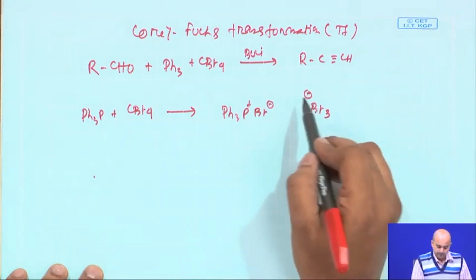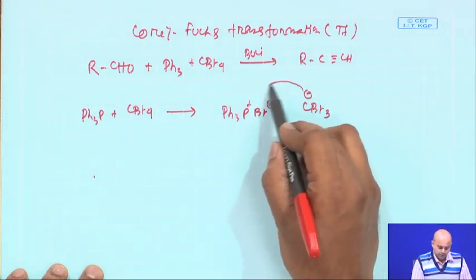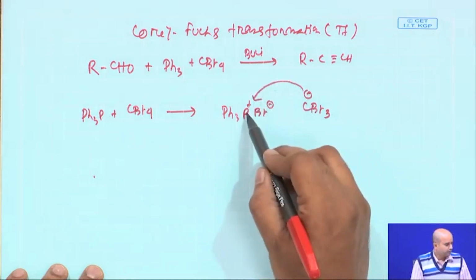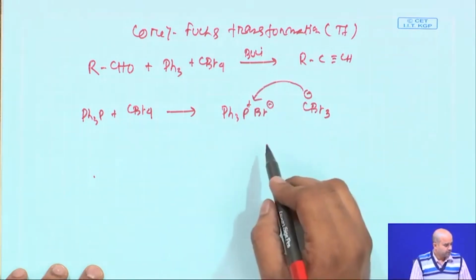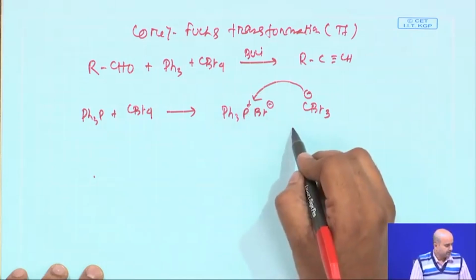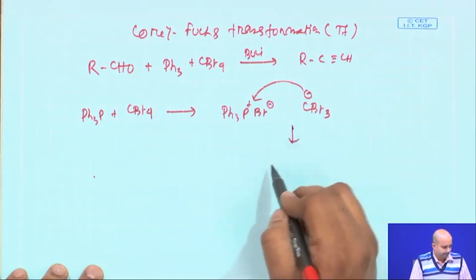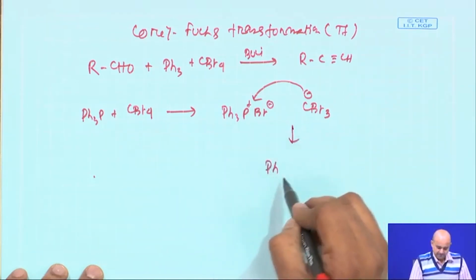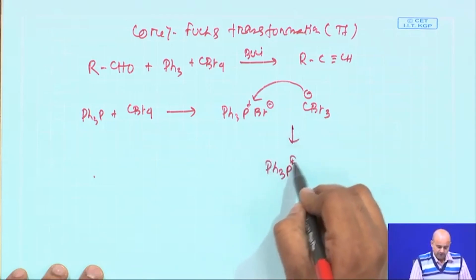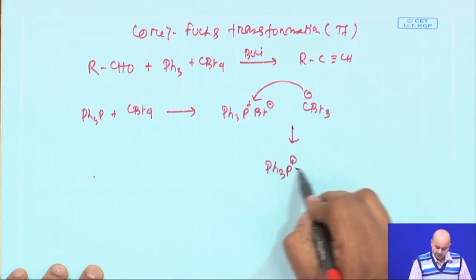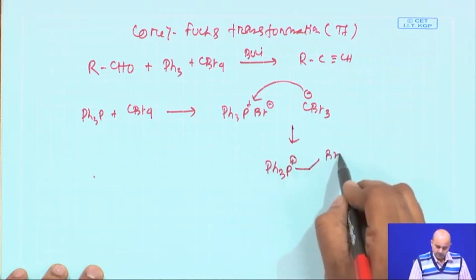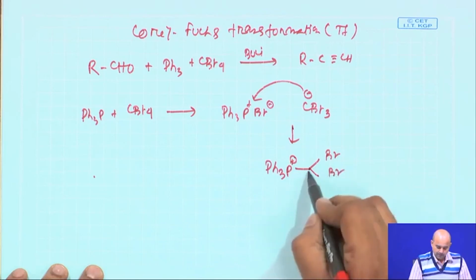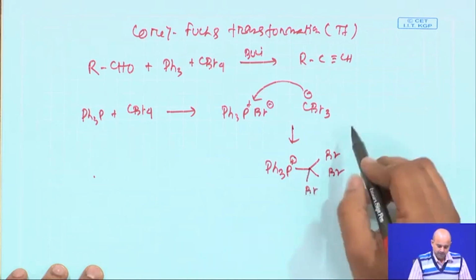Now, this CBr3- attacks this phosphorus positive species, and basically now you are getting Ph3P+ with Br, Br and Br.